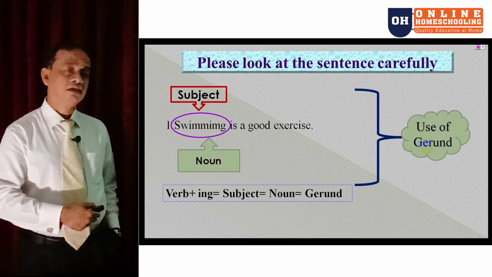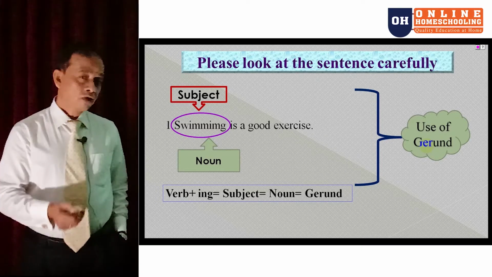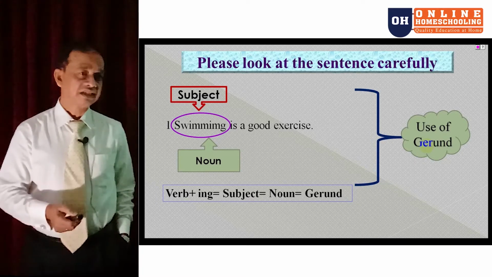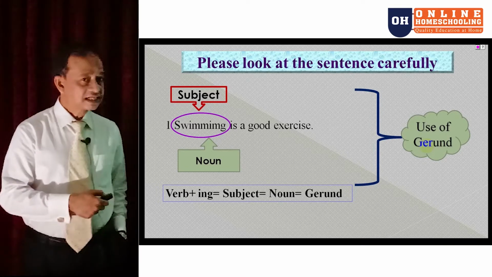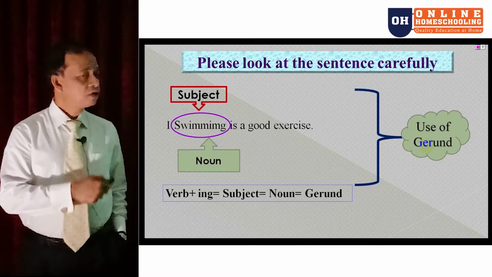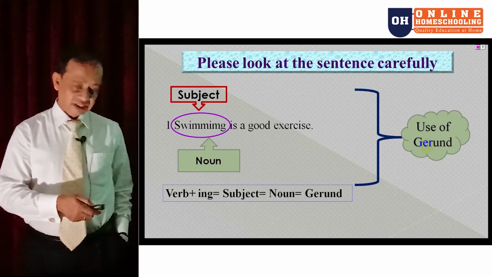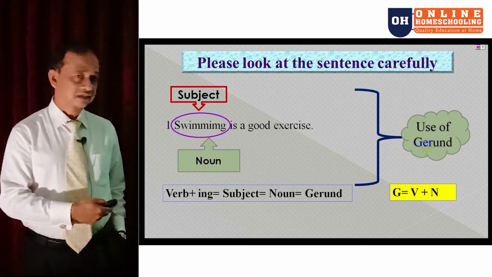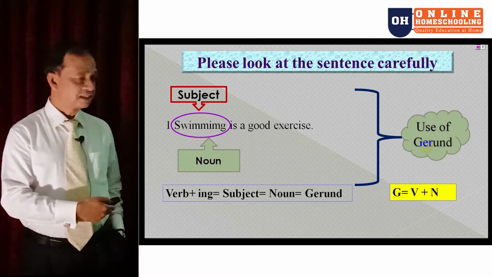Okay? So, I have written verb plus ing equal to subject equal to noun equal to a gerund. You have to be clear about one thing: when verb plus ing is used in a sentence as the subject of a sentence, it will be gerund. Is it clear to you? I will give you more examples in the next slides regarding gerund.